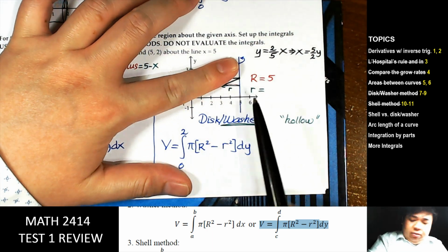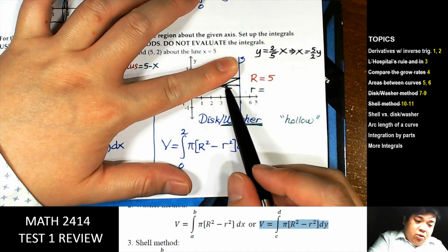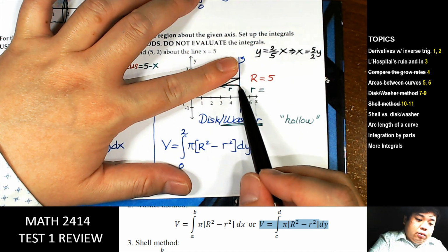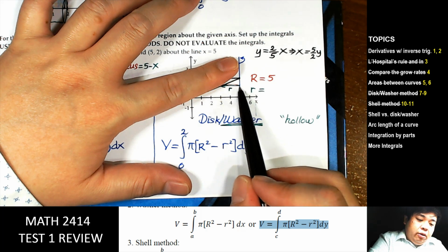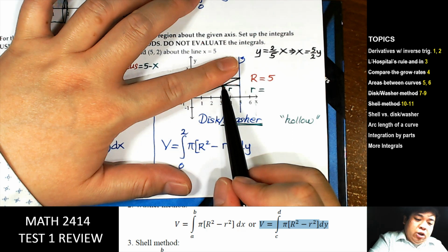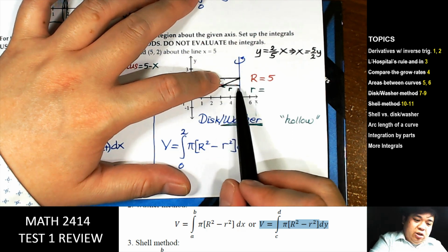If we have this region, it's going to be 5 minus 5 over 2 y, like the difference of two functions.